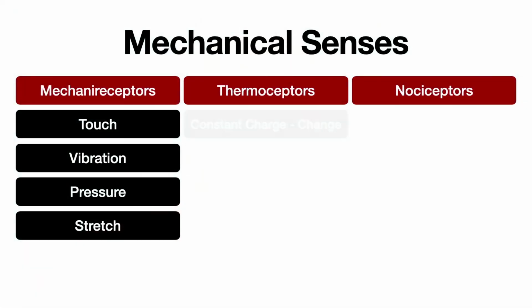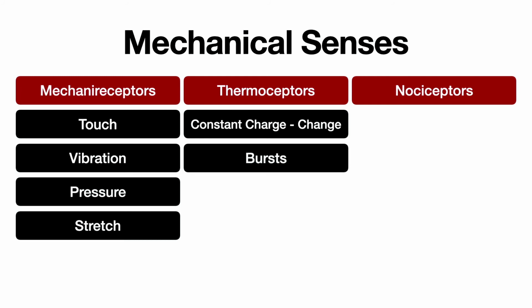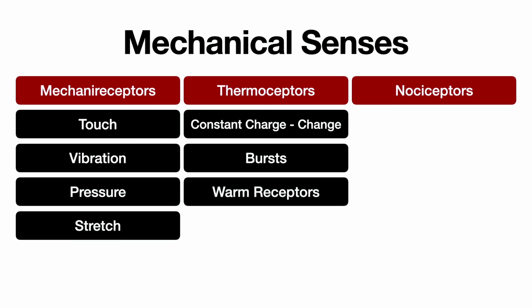So we have thermoreceptors that are basically responding to changes in the environment, and that's when we get the experience. We have bursts that this can happen that allow us to pull our hand away from very cold and very hot surfaces. We have warm receptors specifically for relaying information about warm.